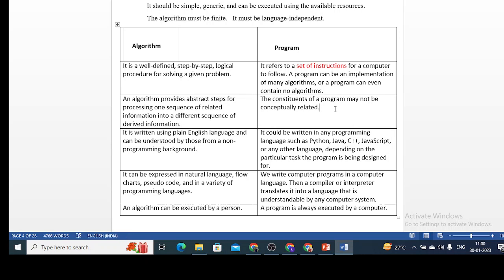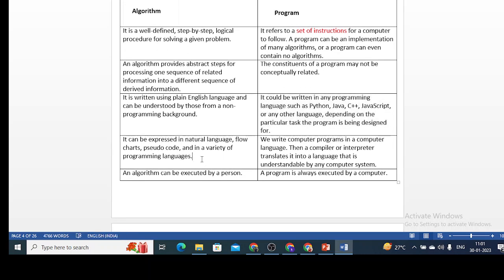Whereas a program is conceptually related to the coding language which you have chosen. It may not be conceptually related. An algorithm is written using plain English language, and it can be understood by those who are from a non-programming background. For a program we require a language expert; a programmer is required for writing as well as for understanding the program.